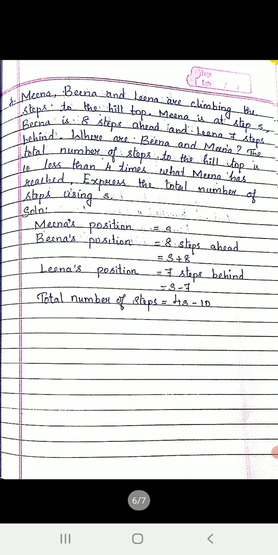Meena, Beena and Leena are climbing the steps to the hilltop. Meena is at the step s. Beena is 8 steps ahead. Leena is 7 steps behind. Where are Beena and Leena? The total number of steps to the hilltop is 10 less than 4 times what Meena has reached. Express the total number of steps using s.